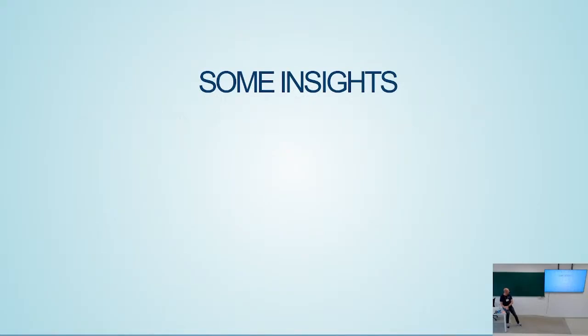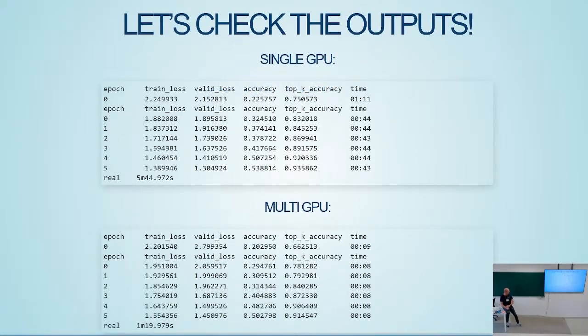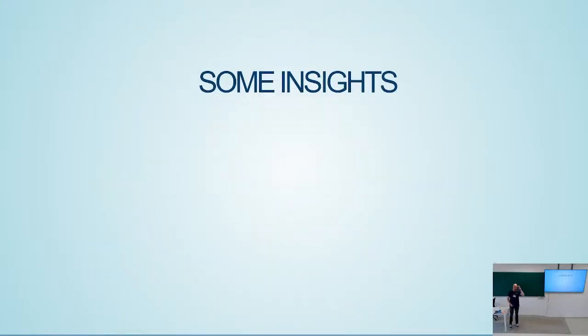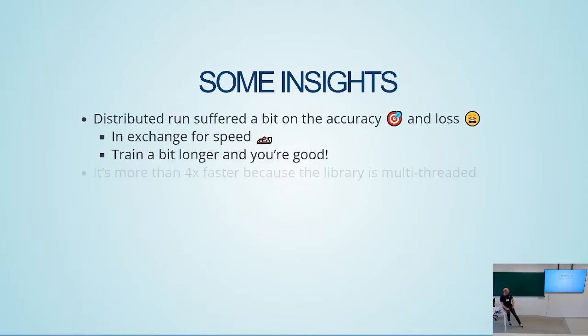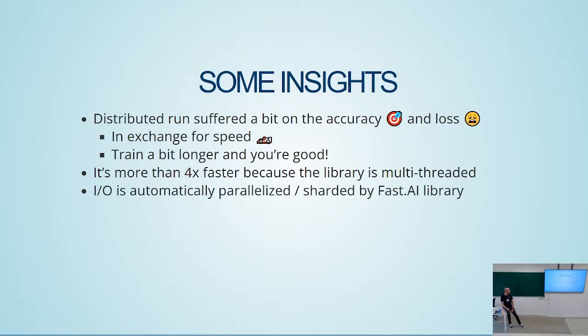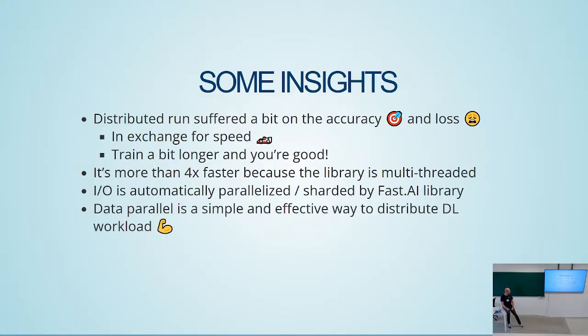If you look here at the loss, the training gets a bit worse, but because it's so much faster, it's good. You just train a bit longer and you're good. It's more than 4 times faster in this case because the library also uses multiple CPUs and multi-threading to do the data loading. And the I/O is also parallel, so that helps a lot.